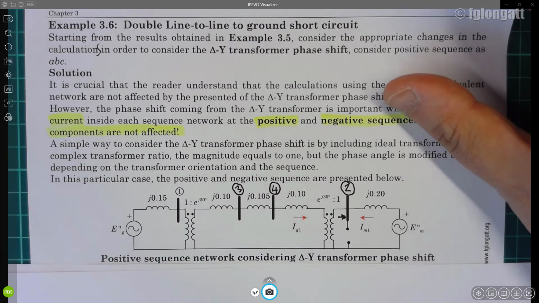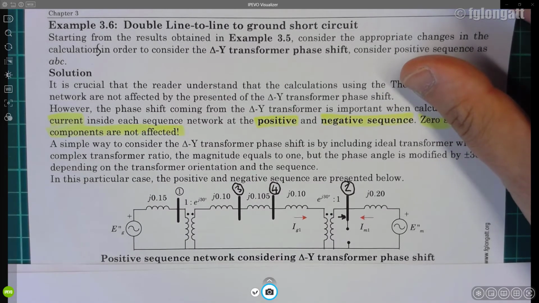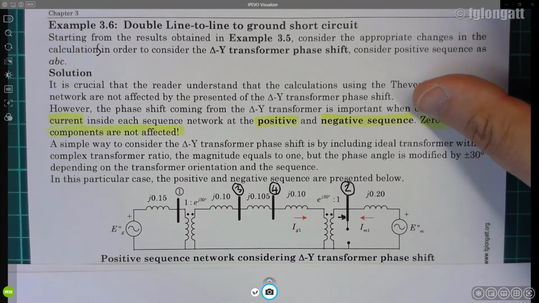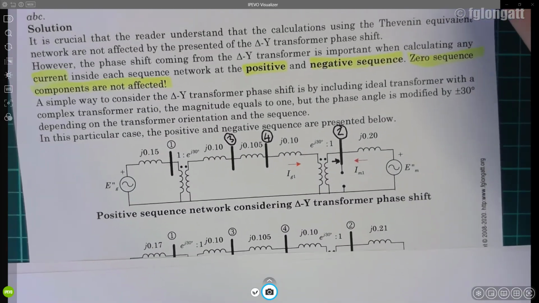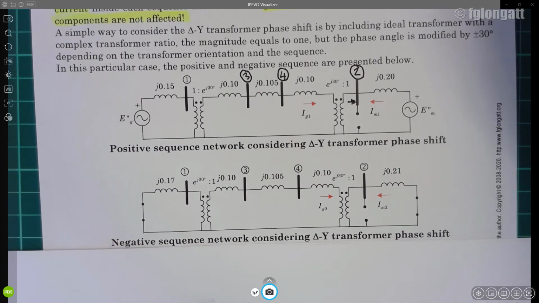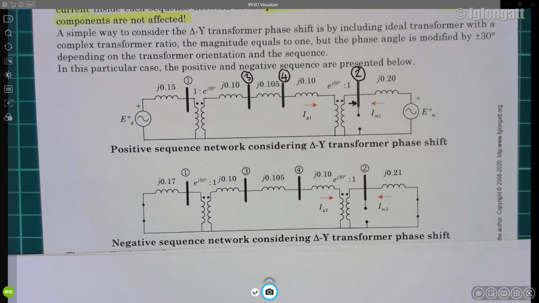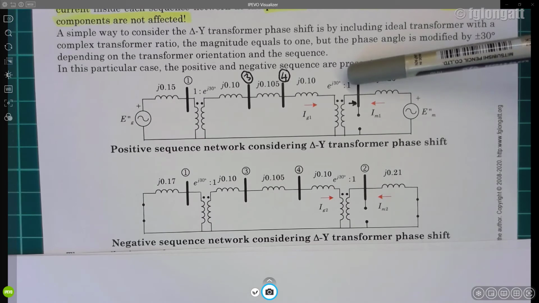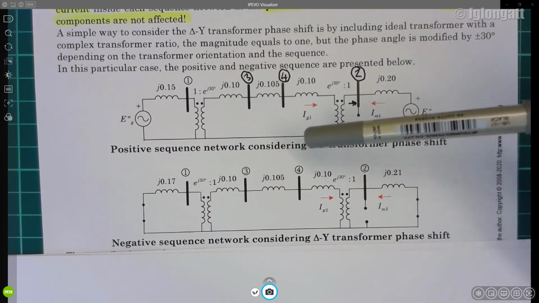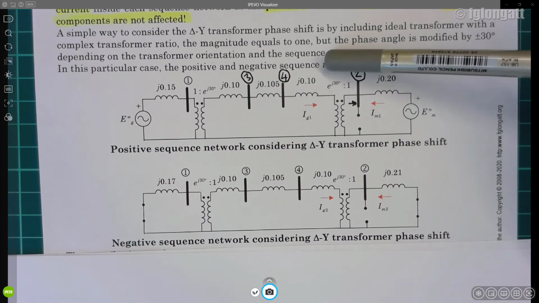And then we are doing something similar in the negative sequence, okay? In the negative sequence, what we are doing now is including the phase shift in the form of, again, a phase shift transformer, okay? Here you can see this is the positive sequence. You can see here the 30 degree and here the 30 degree.